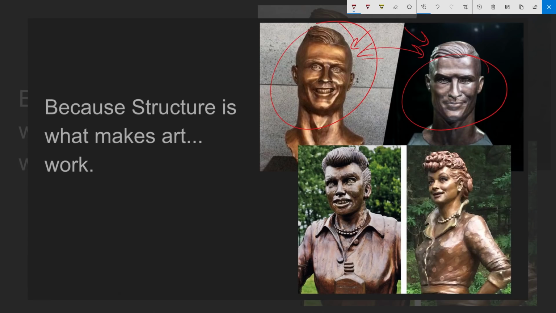Now, what I find fascinating about this sculpture is if you look close, you'll see there's very similar forms. The eyes are very similar here. The shape, there's the brow, but something's different. What's different? If we come over here and we look, this is a portrait of Lucy, and then this was the one that was redone. I think this one was taken down, and there was a whole controversy.